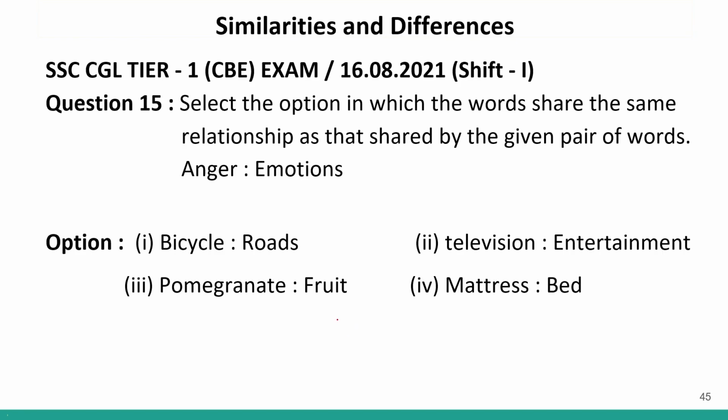Now again a question of analogy. So this pair is given to us and we have to identify out of all these 4 pairs, which one has the same relationship as in this pair. So over here we have anger and emotions. So similarly we have to find out. We can say that anger is a type of emotion.